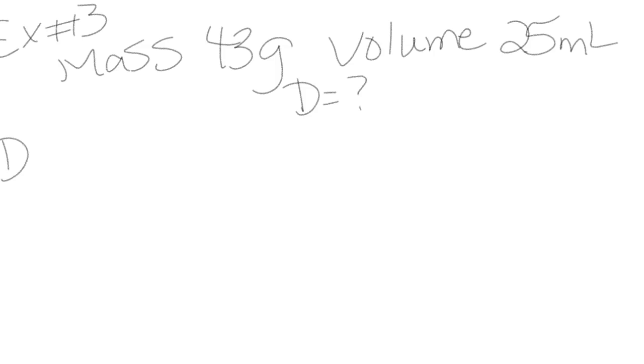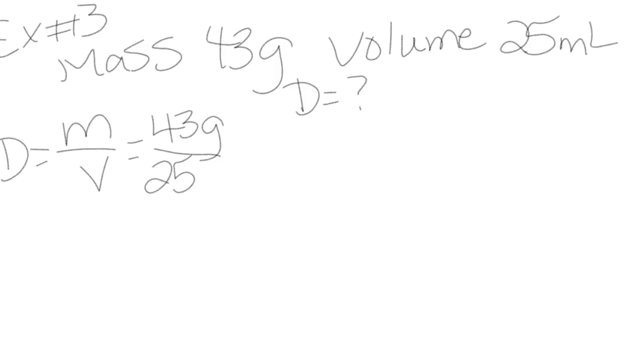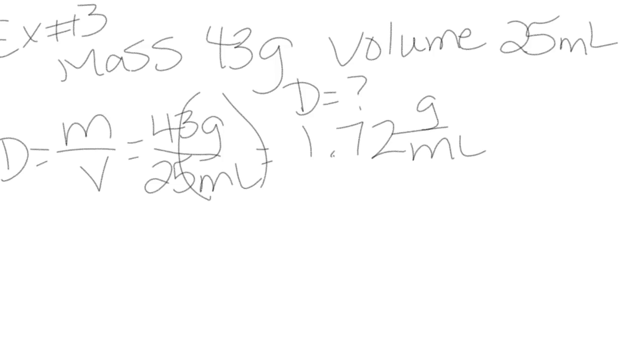Okay, you should have done D is equal to M over V, which gives you 43 grams divided by 25 milliliters. Take your calculator: 43 divided by 25 gives me 1.72, and I'm left with grams per milliliter. Will this sink or float? Well, it would sink. And is this a solid or liquid? It would be a liquid. Okay, so those are nice and neat.